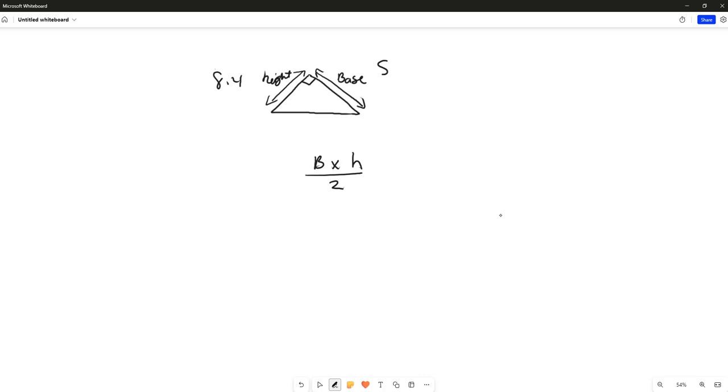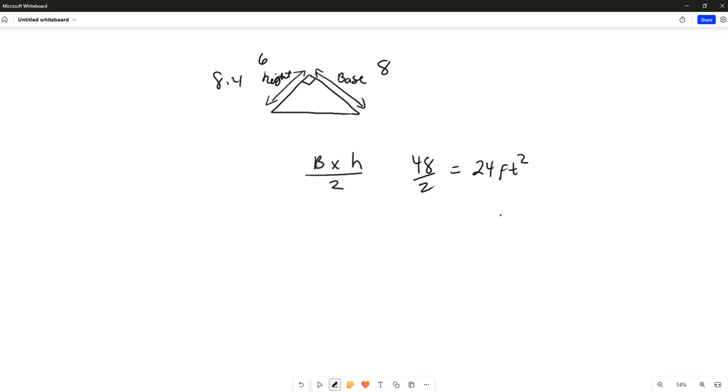So the base is 8, the height is 6. 8 times 6 is 48, divided by 2 is 24, and this is in feet, so feet squared.